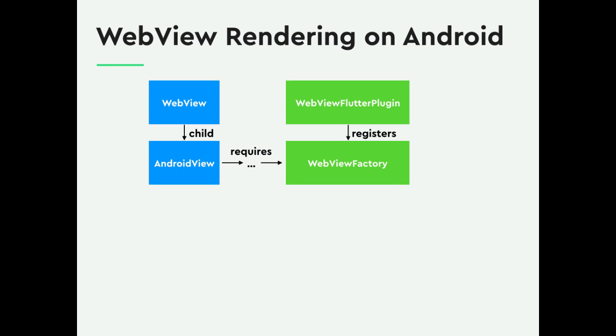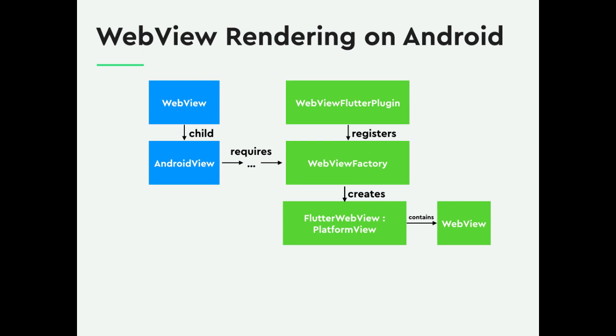It will tell the WebView factory to create it. Then the engine from Flutter will use this WebView factory to create the actual native WebView, and it will create an instance of this Flutter WebView, which is implementing the platform view interface.